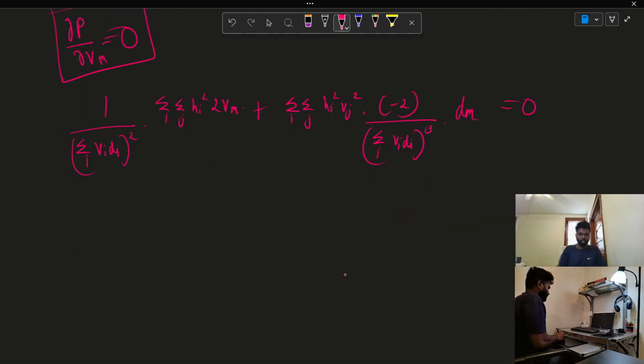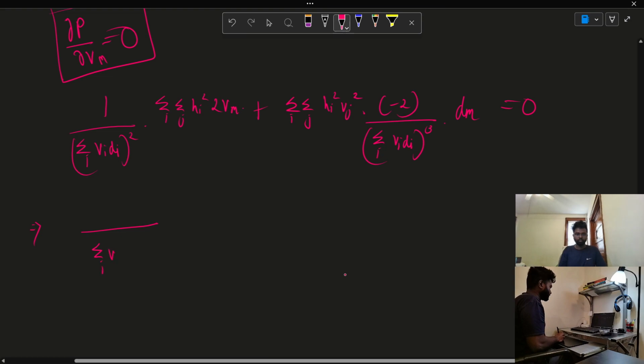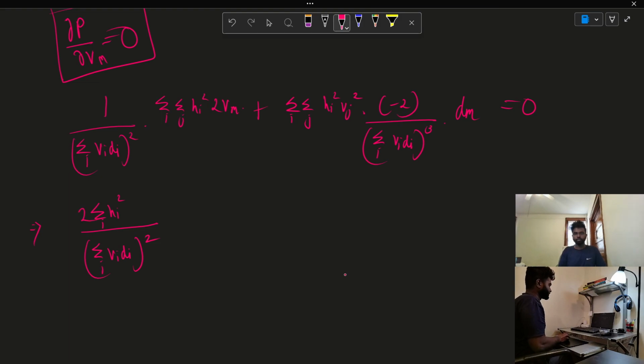Let's take common terms out. You can take the 2 out, and you can also take the h squared out. Let's keep the v_m because v_m is not here. If you take this out, summation over i of v_i d_i, whole squared, on the top, 2 you can take out. I think v_j is not required.